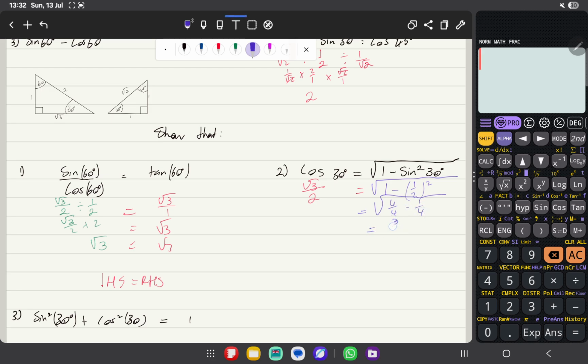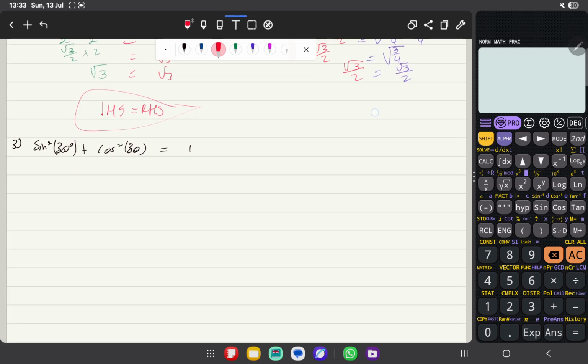I end up with 3 over 4, which gives me square root of 3 over 2, which is the same as square root of 3 over 2. So also the left hand side equals the right hand side.